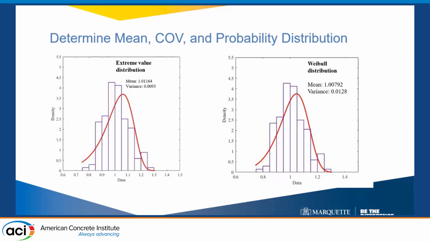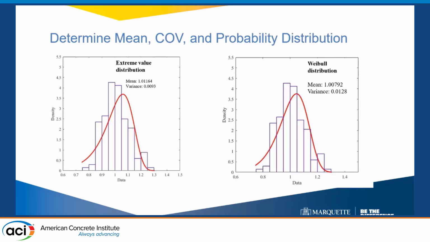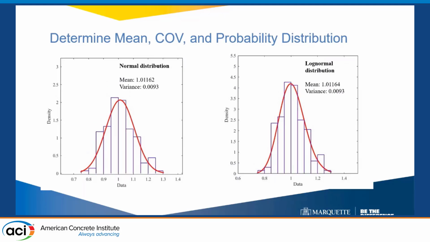One is extreme, one is Weibull, one is normal, one is lognormal. Actually, we use all those 4, try to fit them, and that's the fitting result for the extreme. That's the fitting result for Weibull. That's the fitting for normal and for lognormal.